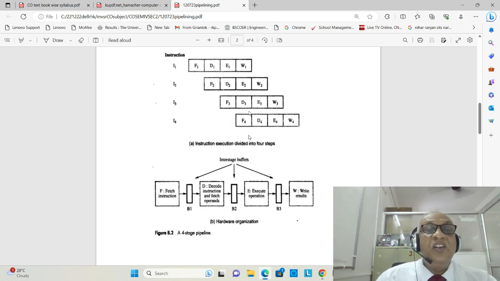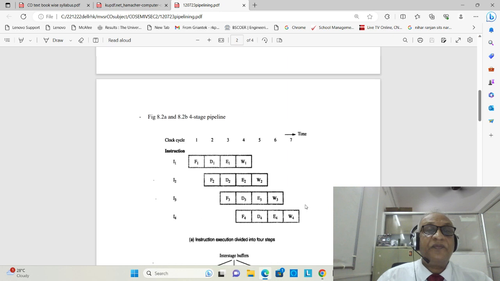The hardware used for this four-stage pipelining has three buffers: buffer 1, buffer 2, buffer 3, and this is how your hardware is divided. The components are separate: one for fetch, one for decode, which also means decode the instruction and fetch the operands, one for execute operation, and one for writing the results.